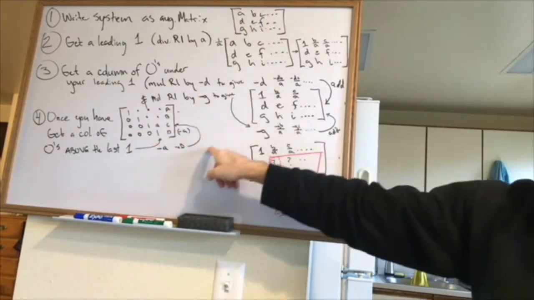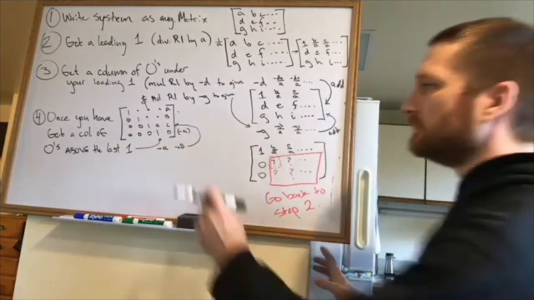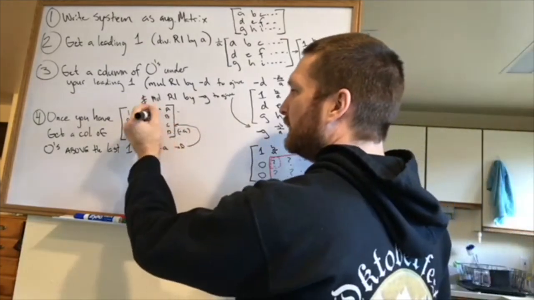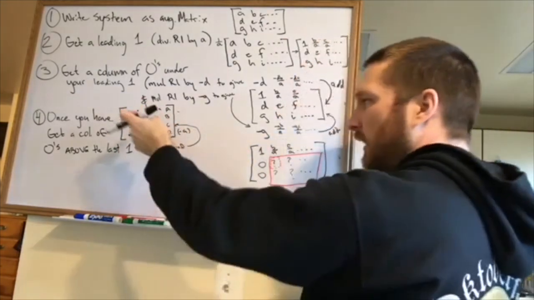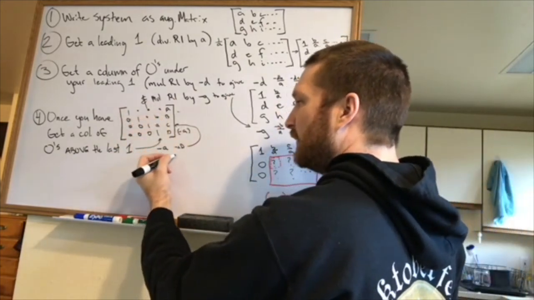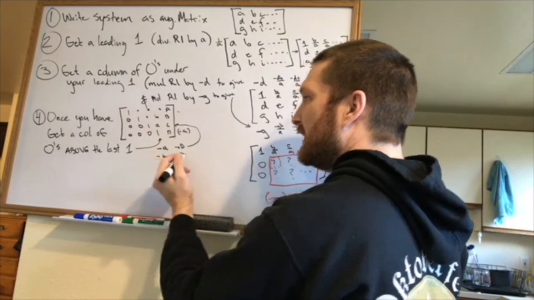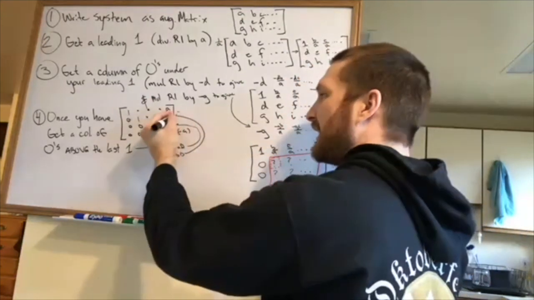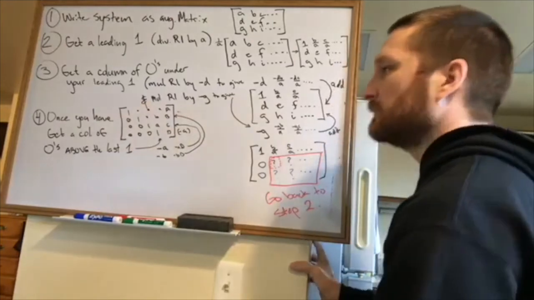We do the same thing for each one of these. If that were a little b, we would multiply this guy by negative b, and we have negative b times d. Add that to that guy to turn that into a 0.